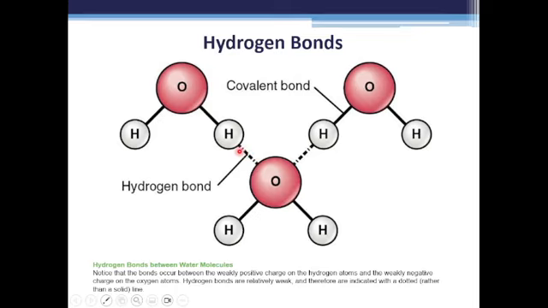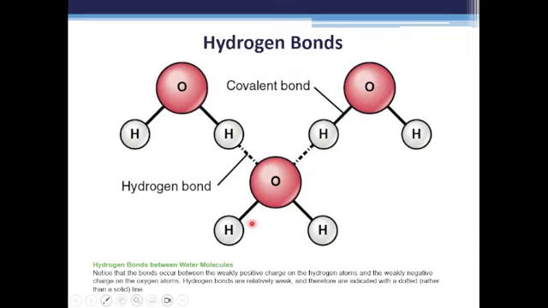Indeed, individually hydrogen bonds are very weak, but collectively when there are a lot of hydrogen bonds, they are very powerful. Hydrogen bonding is essential for holding water molecules together, or what we call cohesion, and it gives water a high heat capacity and it stabilizes protein shapes.